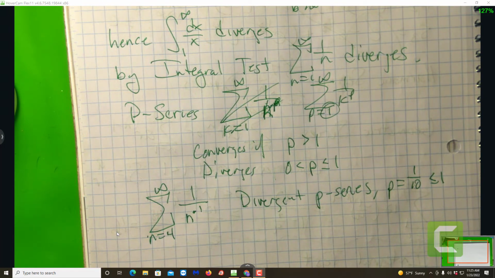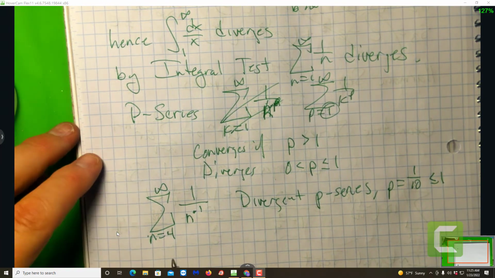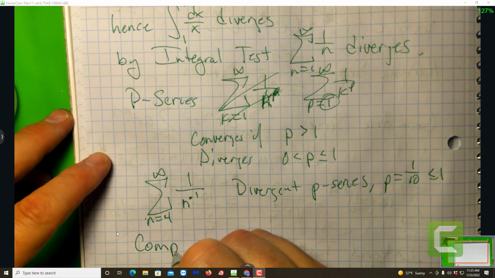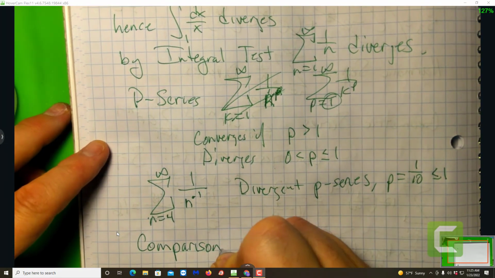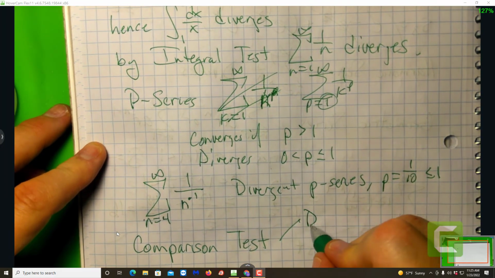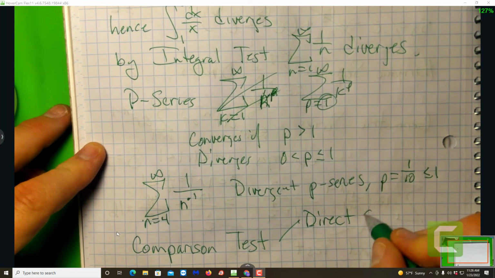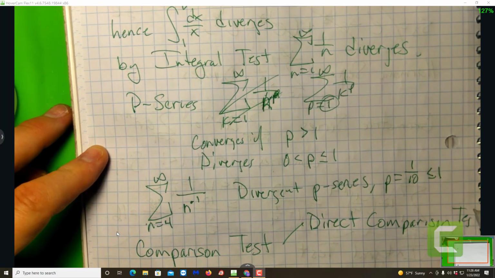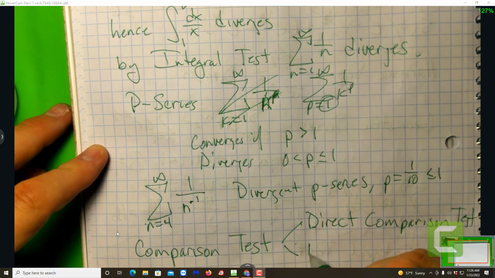And then finally, I wanted to keep this to be less than 20 minutes, but it's not going to happen. We had the comparison test. There are two comparison tests: the direct comparison test, and the limit comparison test.